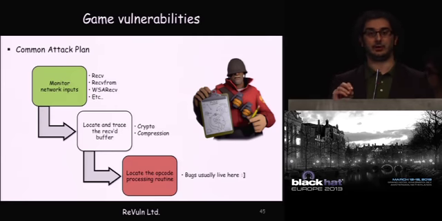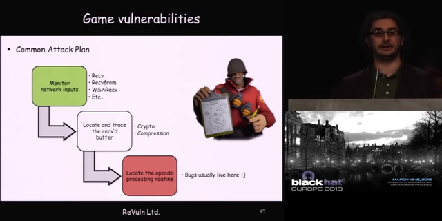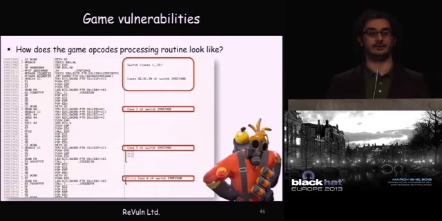After that, you basically want to be able to trace the packet in memory, because you need to understand the data that is coming in, where it's going to. So our final location is basically to locate the game opcode processing routine. The game opcode processing routine is basically where all the functionalities of the game become alive.